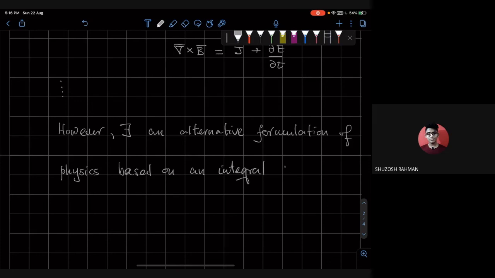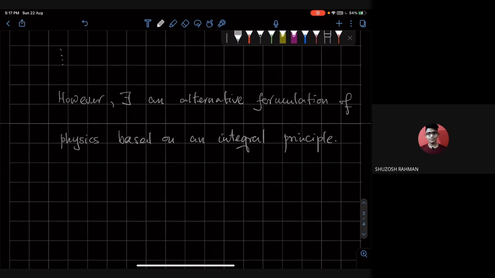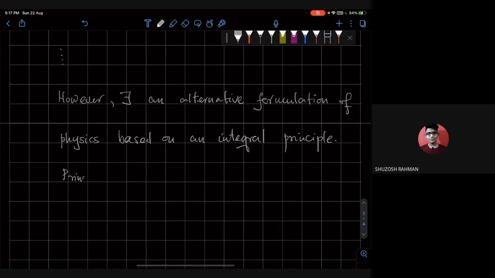Okay. So not a differential principle, but an integral principle. But these two principles are equivalent. So you can derive one from the other, but you cannot derive either of them from more basic principles. This principle is known as the principle of least action.